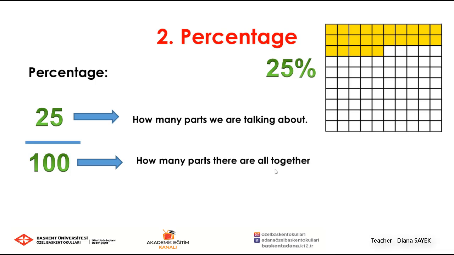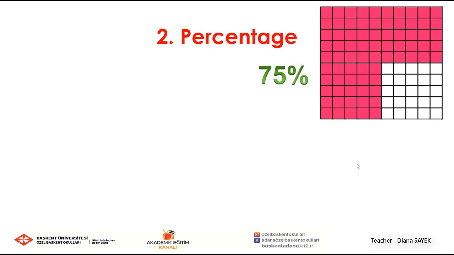We have 100 total parts. So we have 25 parts that are being talked about out of 100 in total, or 25%. We have 25 parts out of 100 shaded yellow.